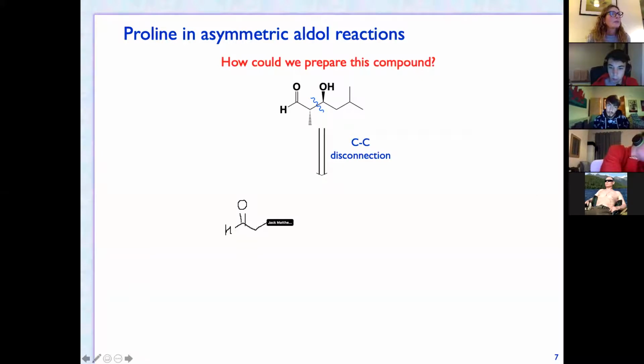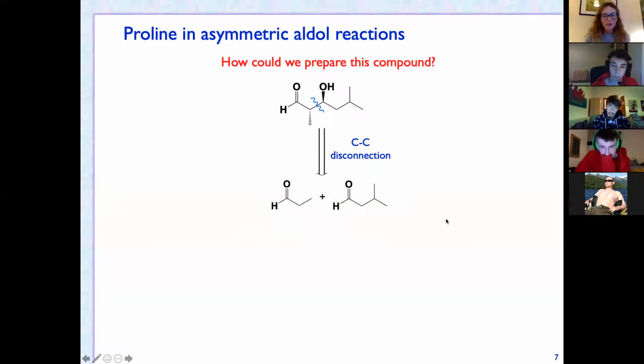And on the other side, what would we have? Okay, yes, that's correct. So we can start from these two aldehydes. Very good. 1 and 2. Excellent.